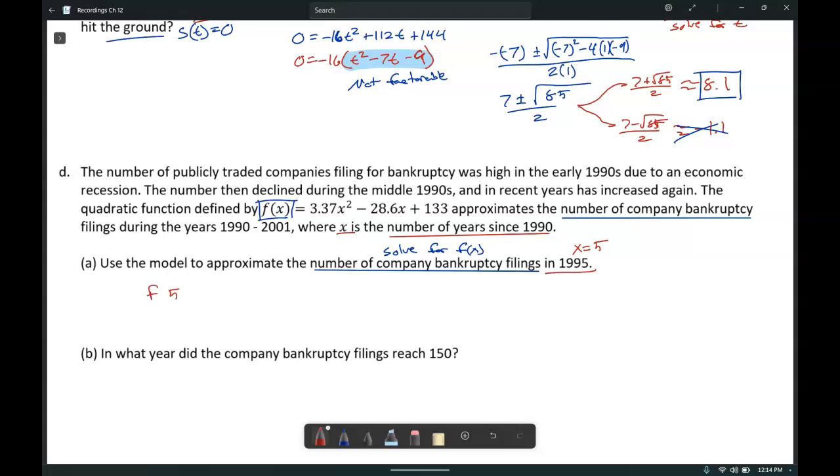So we're going to evaluate the function. No quadratic formula, no factoring, just simple evaluating with an input, which gives us approximately 74.25, which will round down to the nearest whole number of filings, 74.